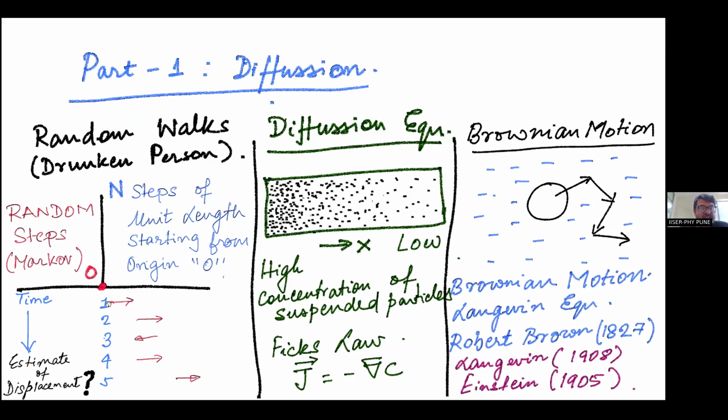So a person can take a step to the right and then a second step on the right, so this is time, and then a third step maybe to the left, so he comes back to this point. Suppose each step is of length a, and then the fourth step can be to the right again. And what one discusses is an estimate of the displacement. So that's a typical random walk problem which is discussed.